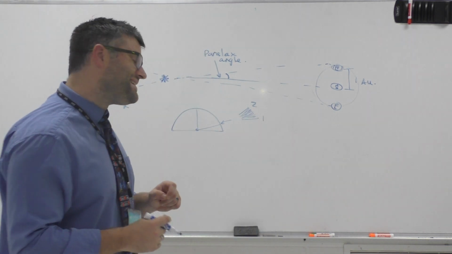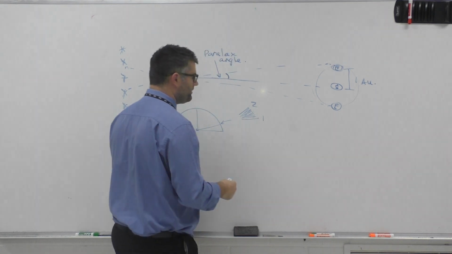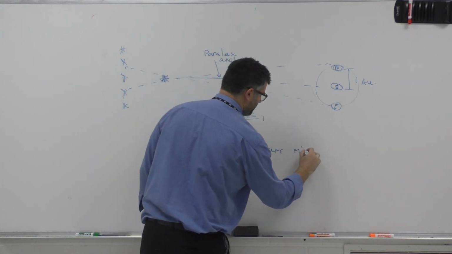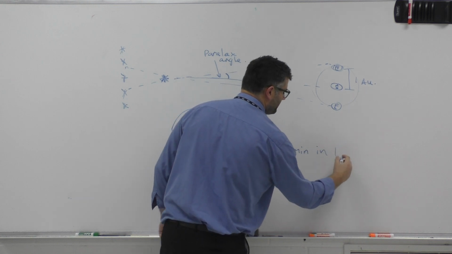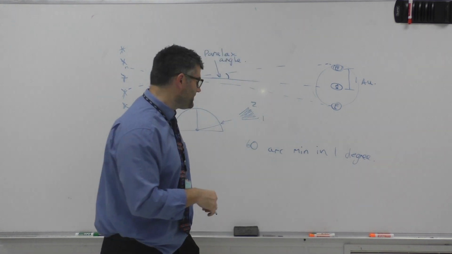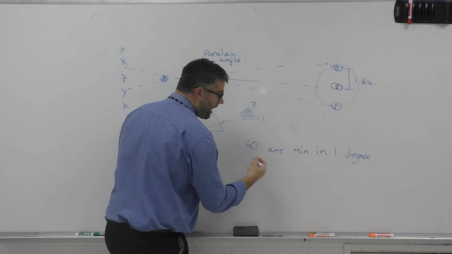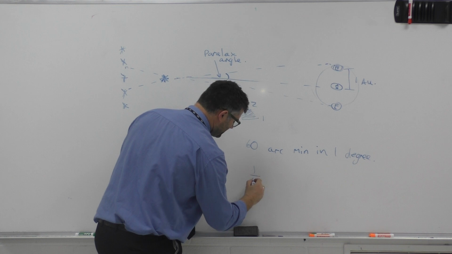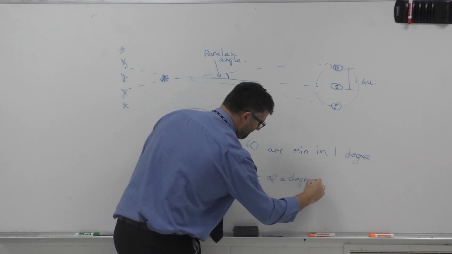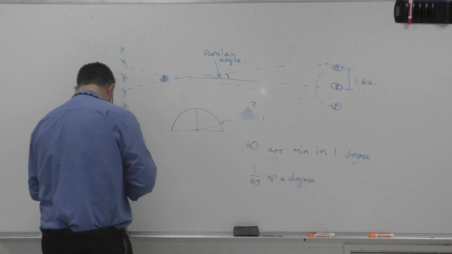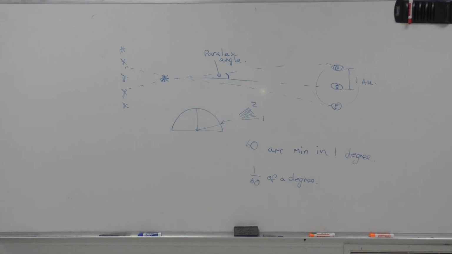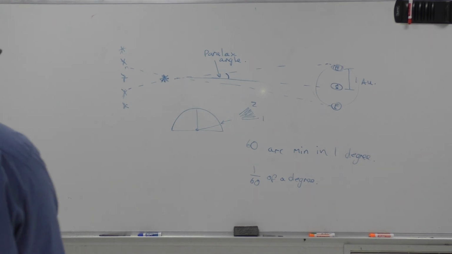And there are 60 arc minutes in 1 degree. Which quite nicely also means that an arc minute is 1/60th of a degree. So that's what an arc minute is.